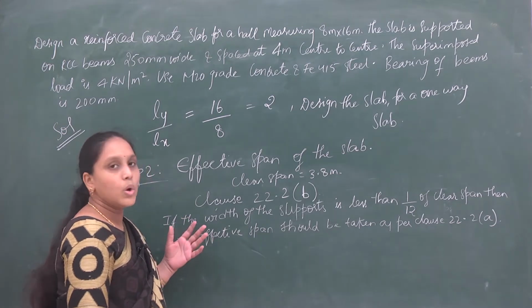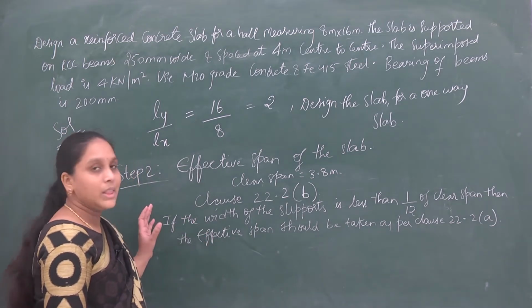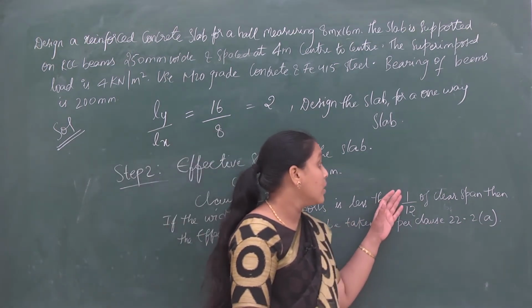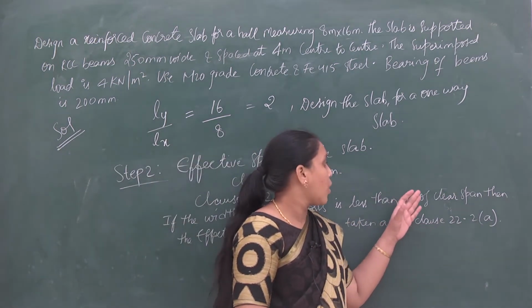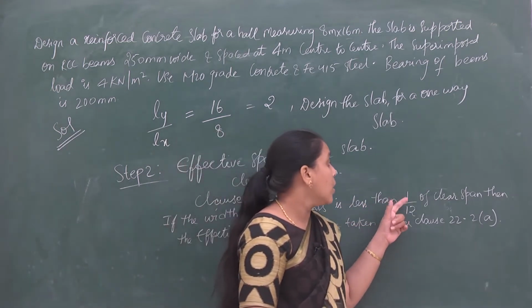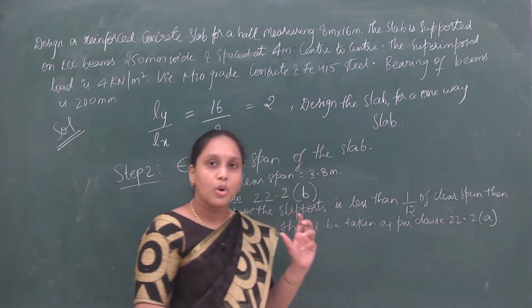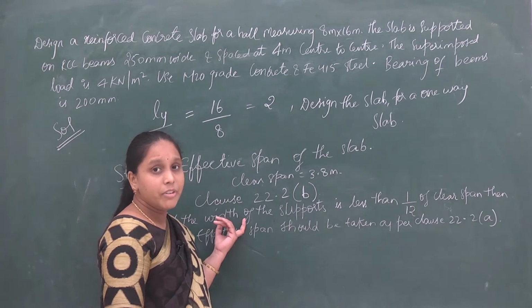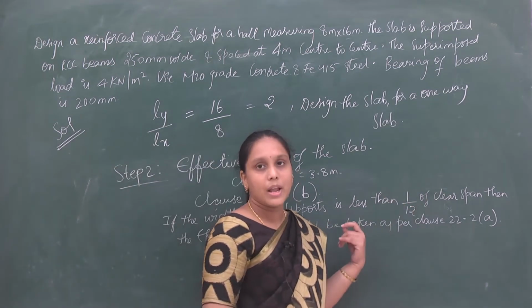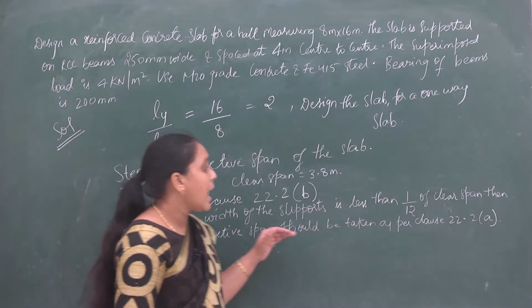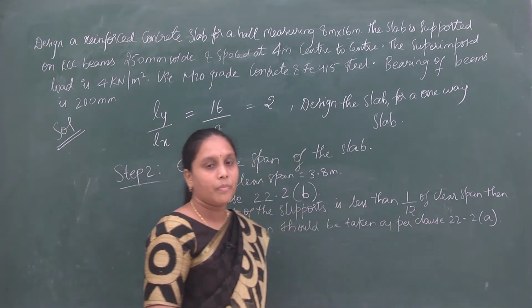Now we have two conditions here. The first is if the width of the supports is less than 1 by 12 of the clear span. So first we have to find out 1 by 12 of the clear span. If the width of the support is less than this value, then we calculate the effective span as per this clause.